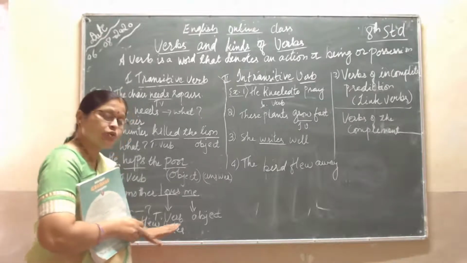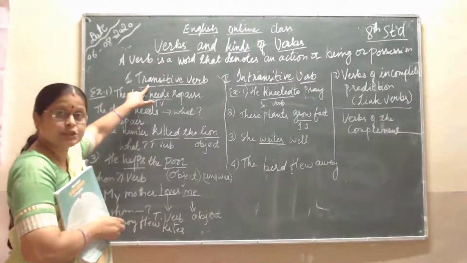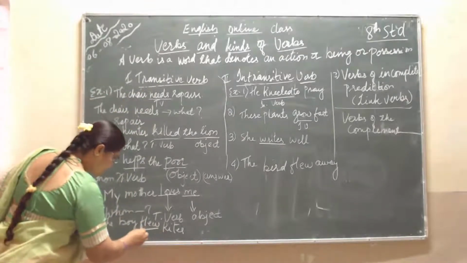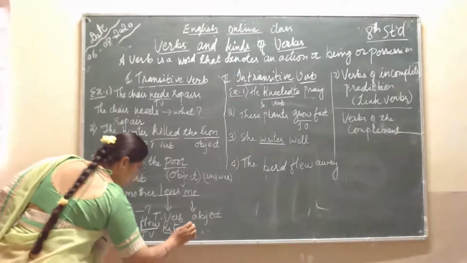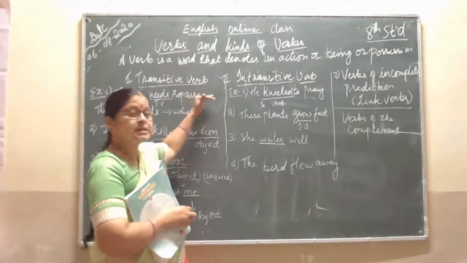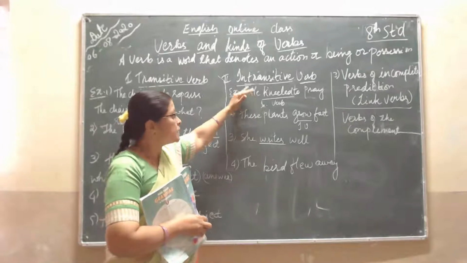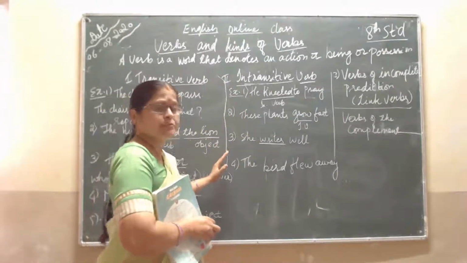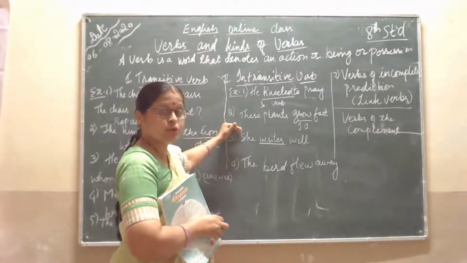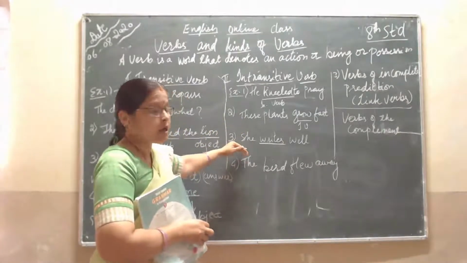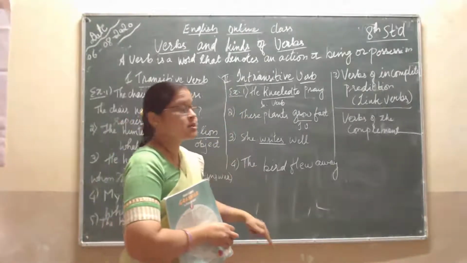By framing a question, you will get an answer, kites. So flew will be the transitive verb here. This is the object. This is the difference between the transitive verb and the intransitive verb. Okay, students? There are many other examples where you can learn about transitive and intransitive verbs. I will give some sentences so that you can classify them as transitive, intransitive, and link verbs.